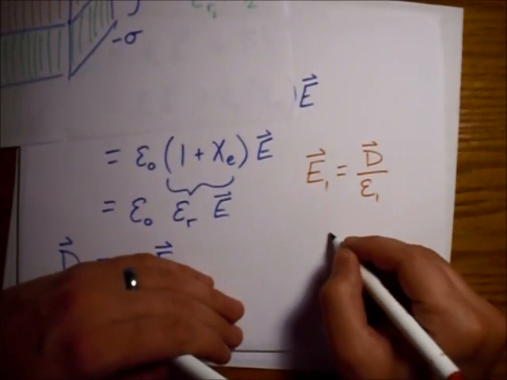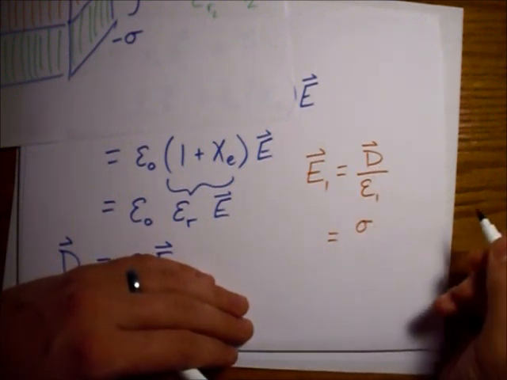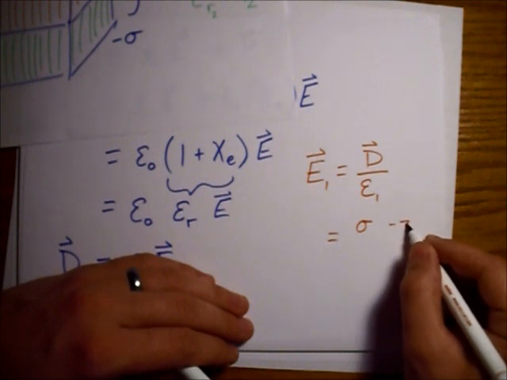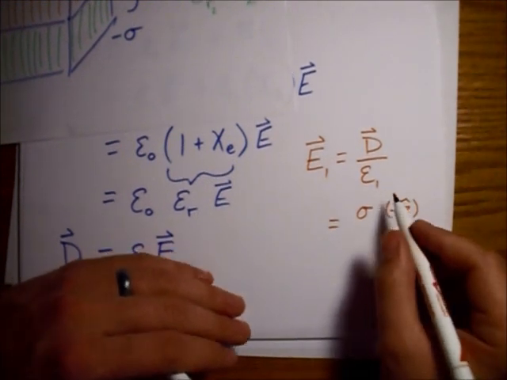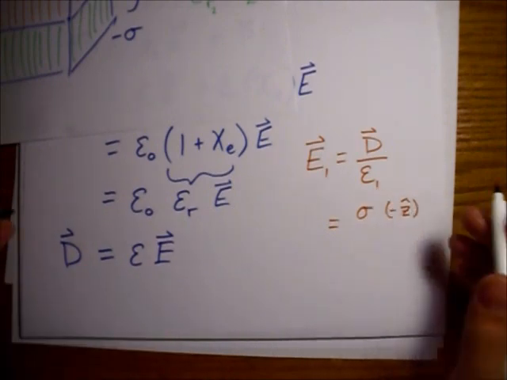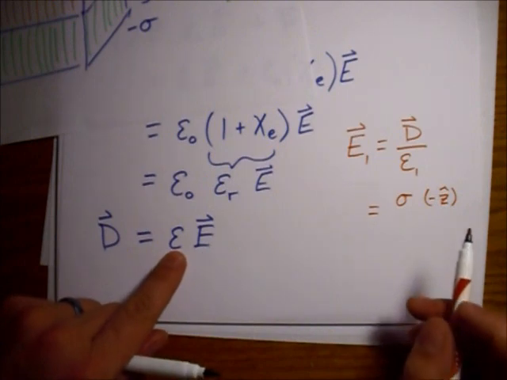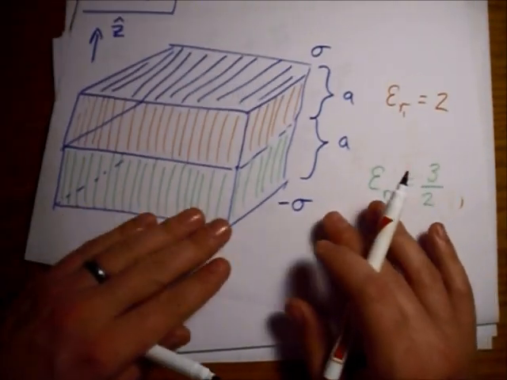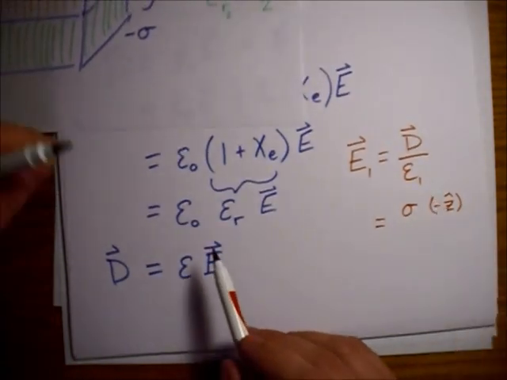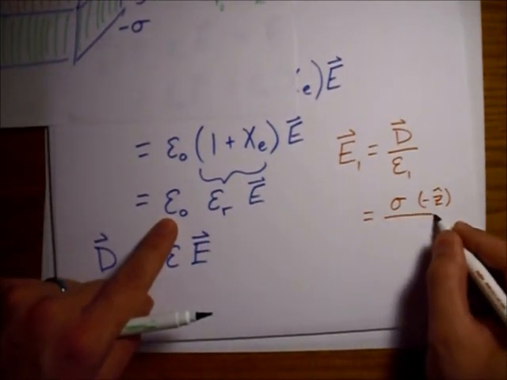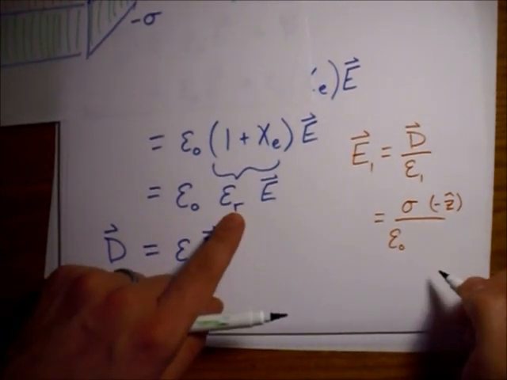Okay, again, our displacement was just sigma in the minus z hat direction, meaning pointed down. What is epsilon 1, right? That's just the permittivity of the red slab right here, which in turn is equal to the permittivity of free space multiplied by the dielectric constant.